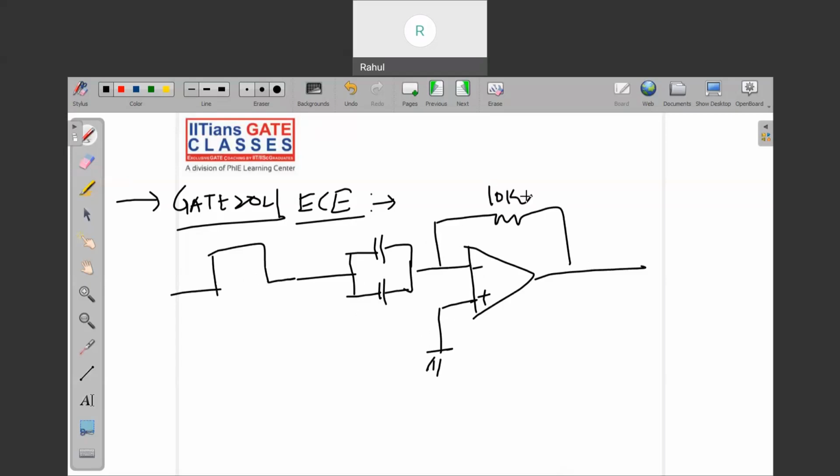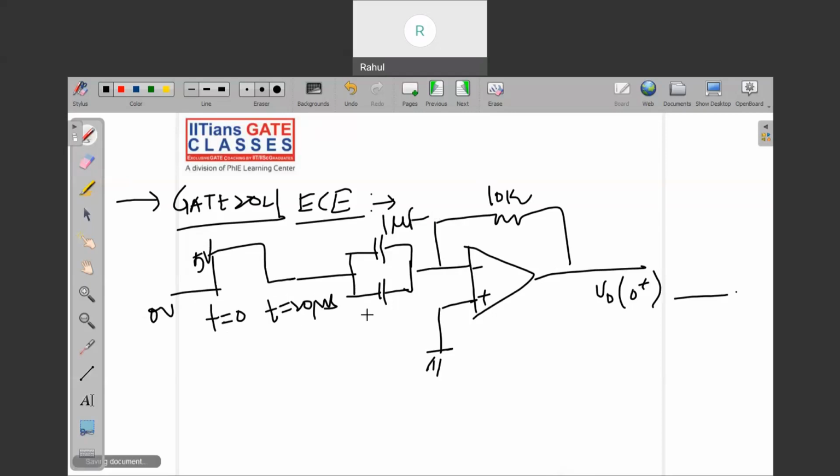This was 10K, with 0 volt at t equal to 0, t equal to 20 millisecond, and this is 5 volt, and this is 1 microfarad. And this is what V in is given.